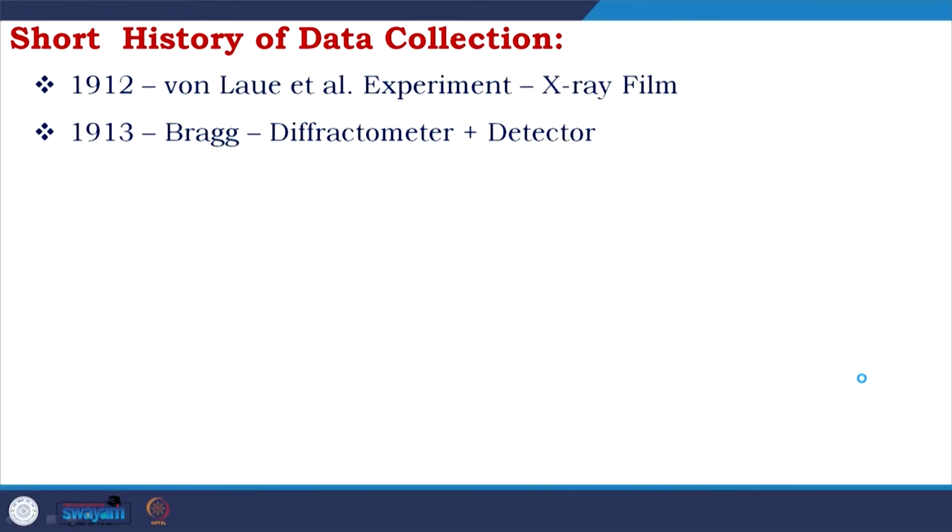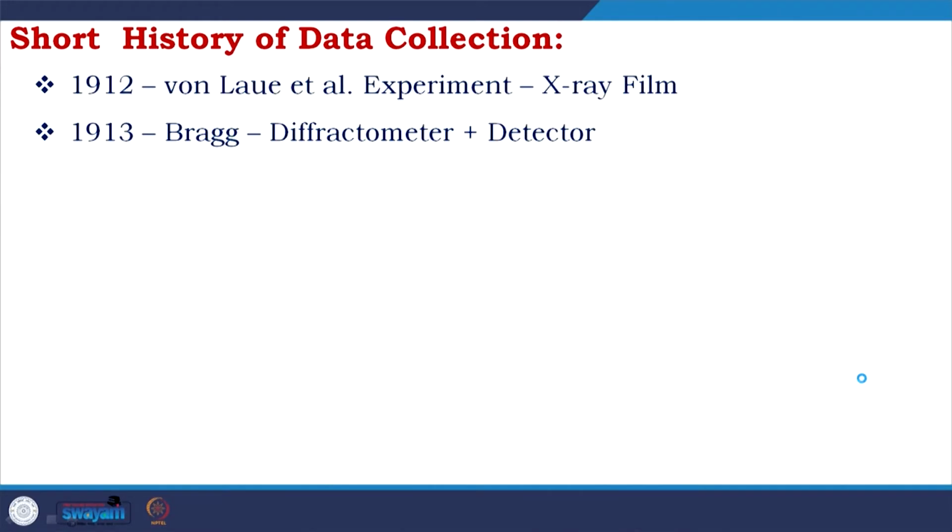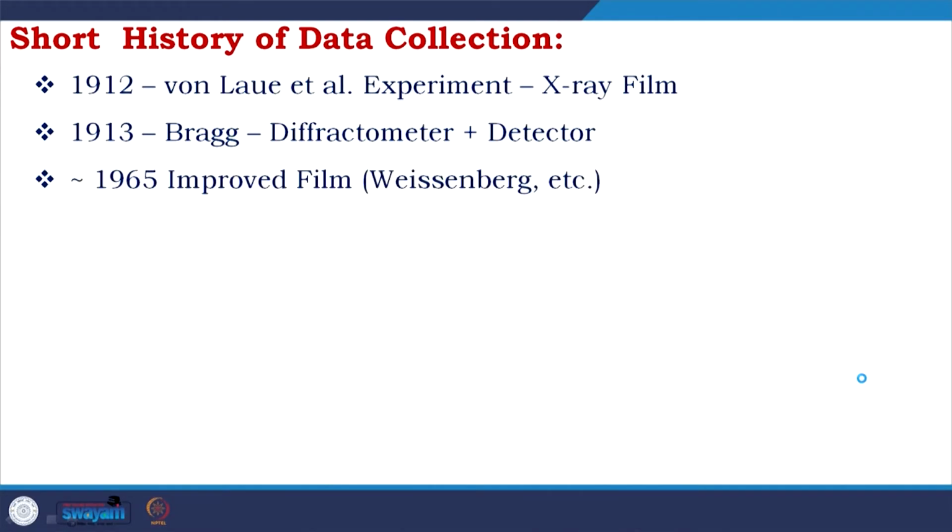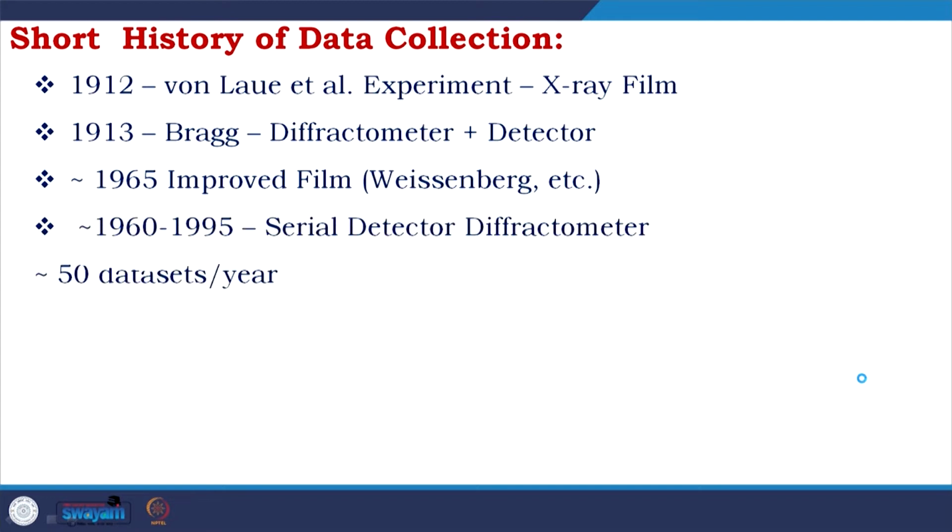They worked for a long time. They developed the diffractometer, they developed the detector. They could be considered the fathers of X-ray crystallography, and contributed a lot in that way. In 1965, there was improved film, mostly contributed through Weissenberg, but there are many other contributors as well.